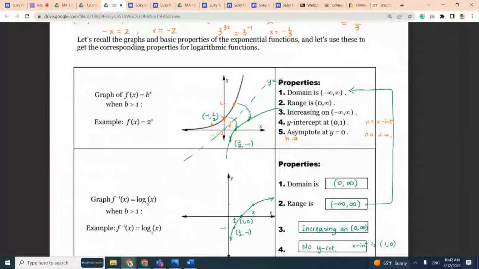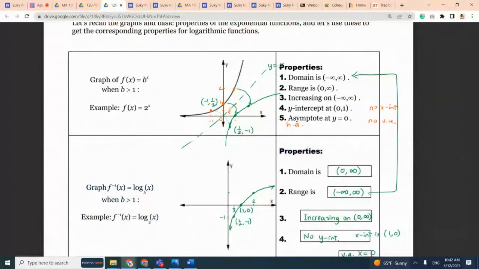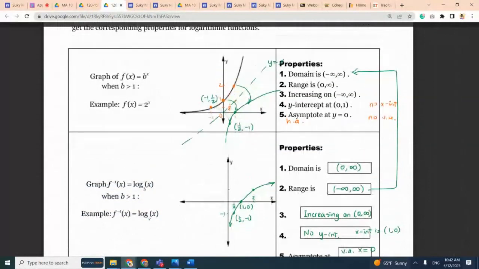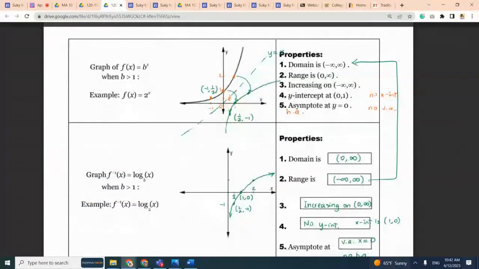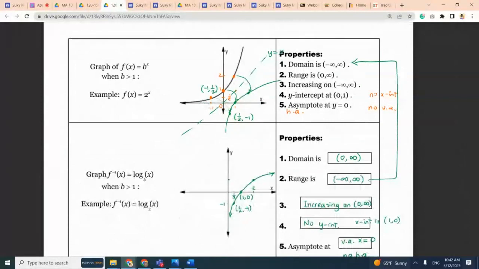Okay, now we call the exponential function. So this is the exponential function, right? And then I just show you, we draw the line y equals x, and then find the mirror image, then connect those points together, you get the graph of the log.